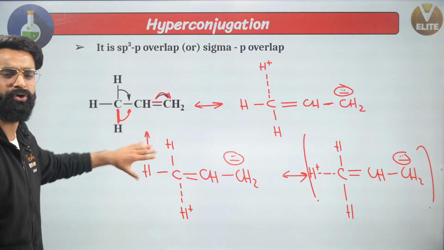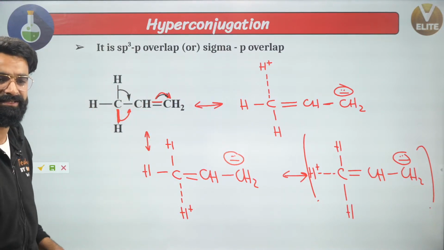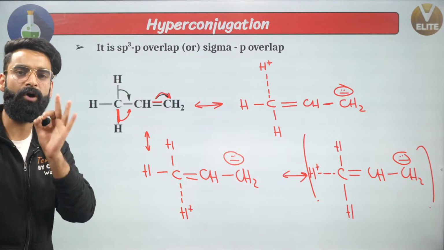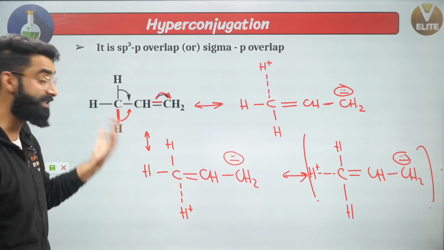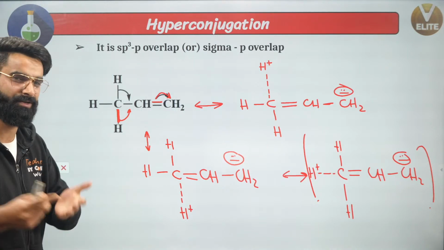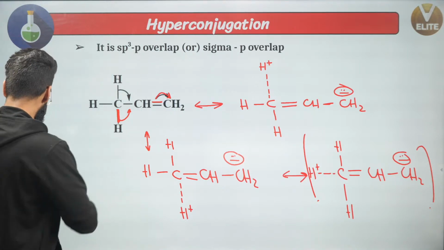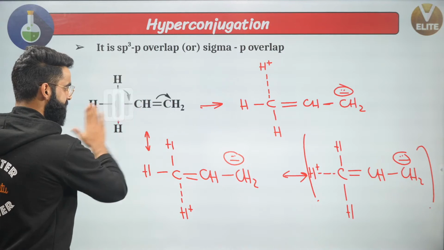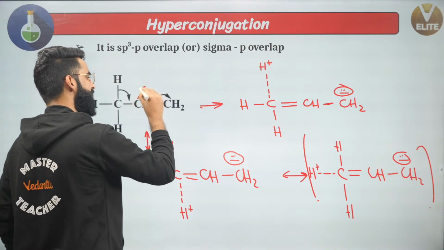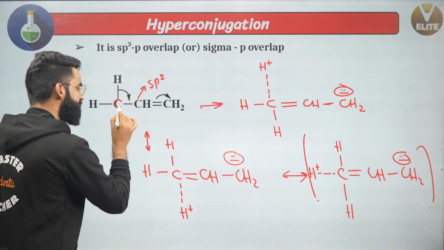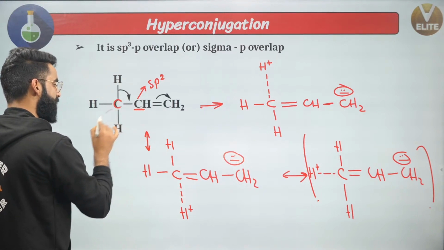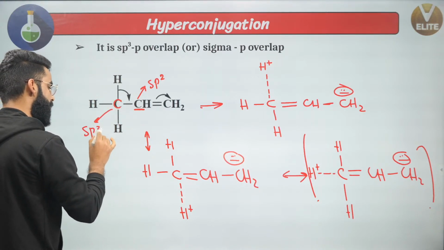So how many hyperconjugated structures are possible in this case? I'll say the number of alpha hydrogens is always equal to the number of hyperconjugated structures. What do we mean by that? See, if I talk about this carbon right here, can I say it's sp2 hybridized? The carbon which is attached to this sp2 hybridized carbon is sp3, okay?